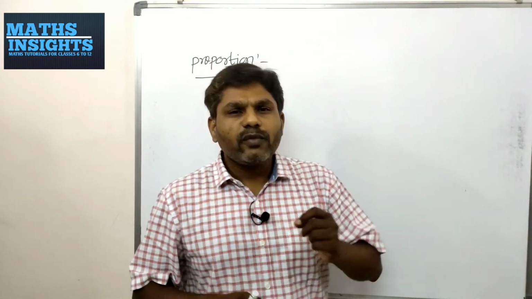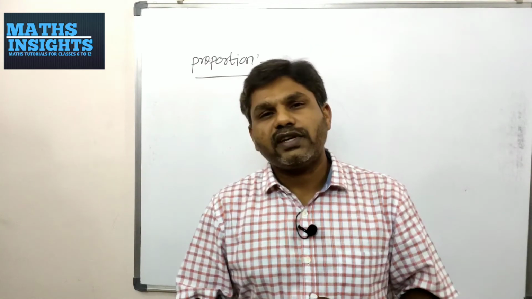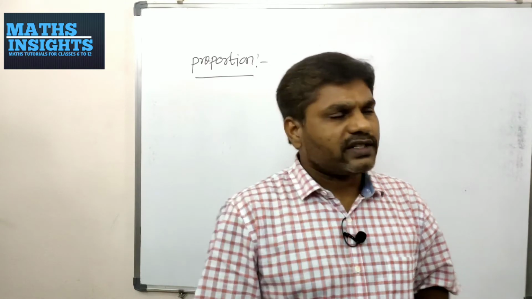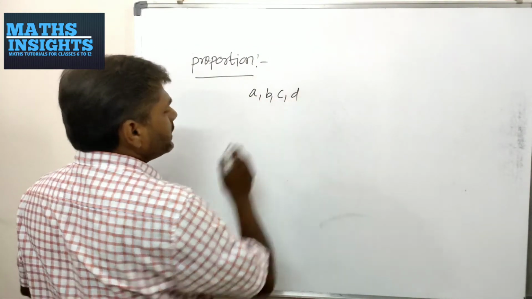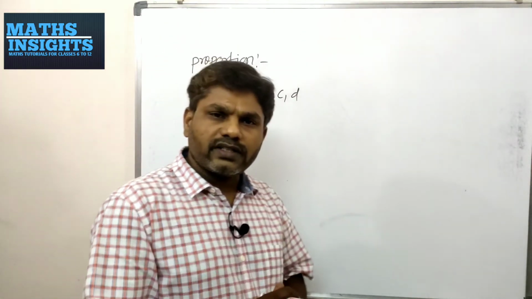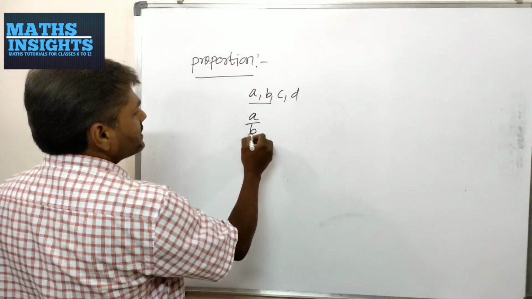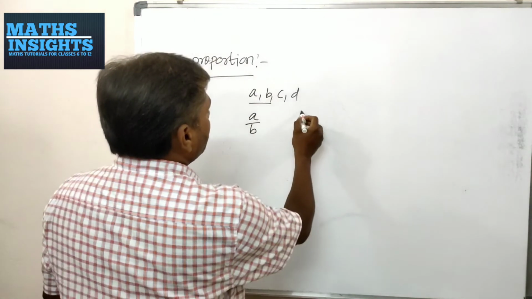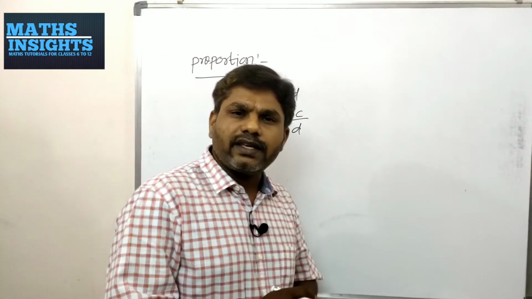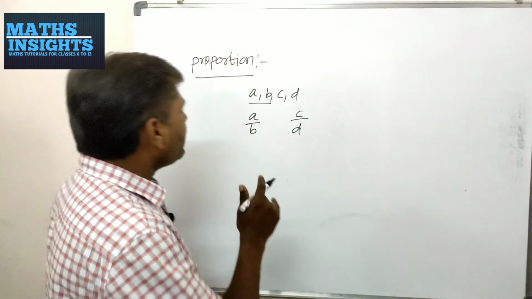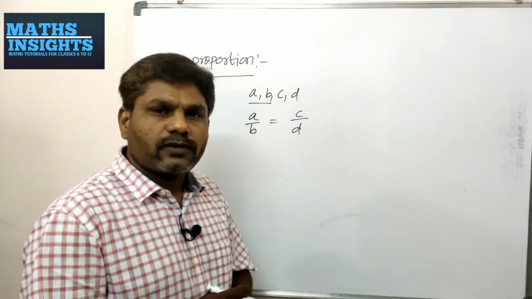Now here, how many quantities are involved? 4 quantities. Why? Because you are saying two ratios, so there will be 4 quantities. Suppose A, B, C, D are 4 quantities, then the ratio of the first two is written as A by B or A is to B, and the ratio of the third and fourth can be written as C by D. As per definition, the equality of two ratios is called proportion.